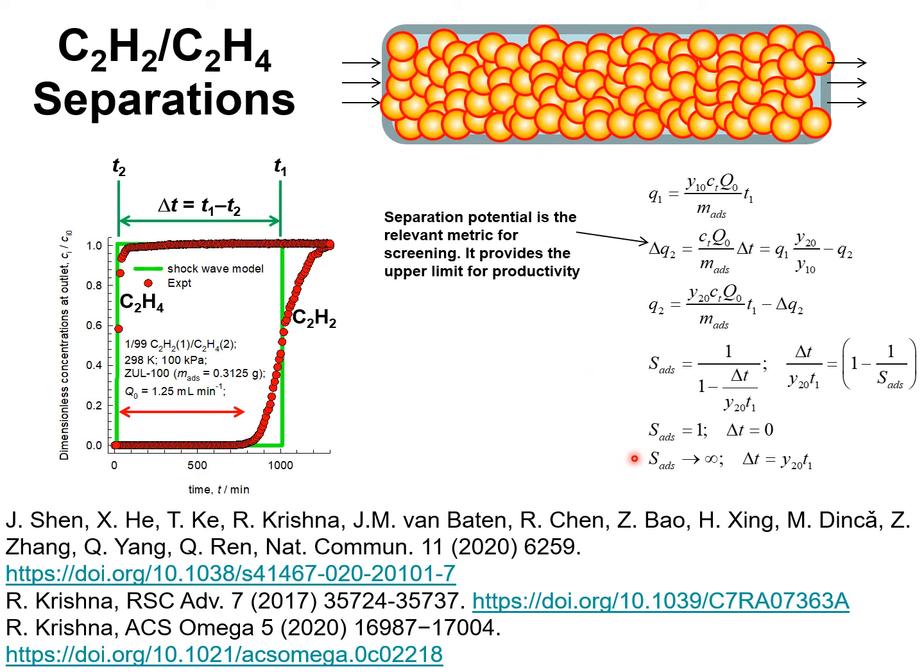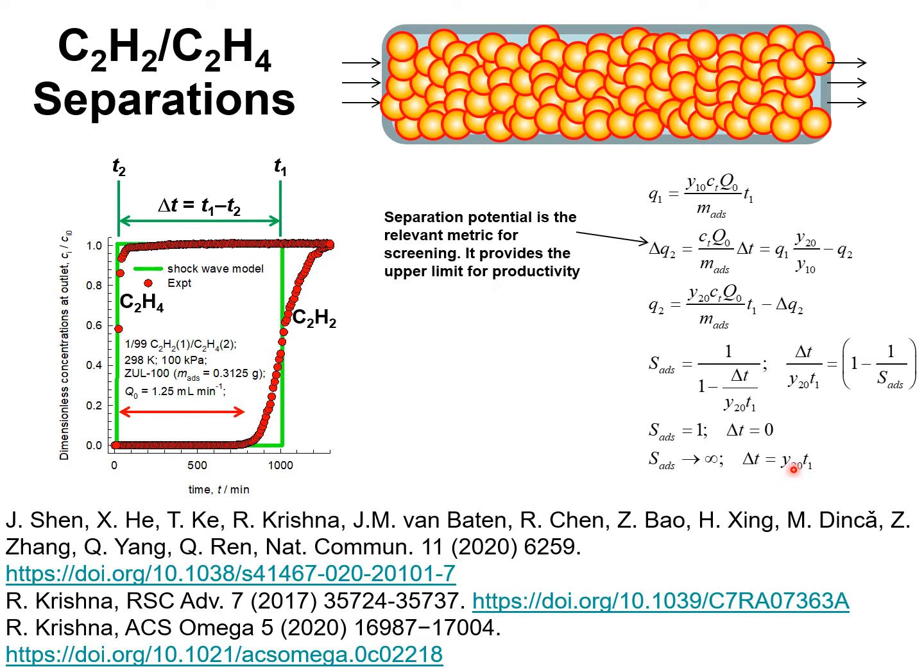The closer the adsorption selectivity is to the value of unity, the shorter will be the distance between the breakthroughs of components 1 and 2. In the other limit of infinite adsorption selectivity, delta t can be derived as simply y20, the mole fraction of component 2 at the inlet, times the breakthrough time for component 1.